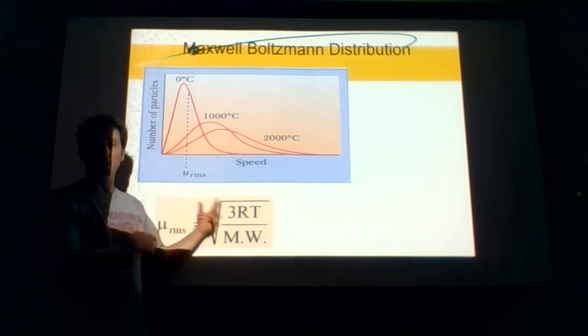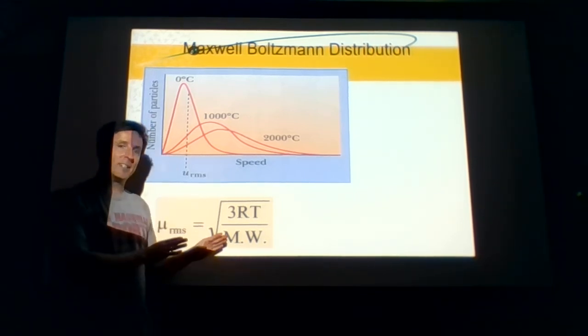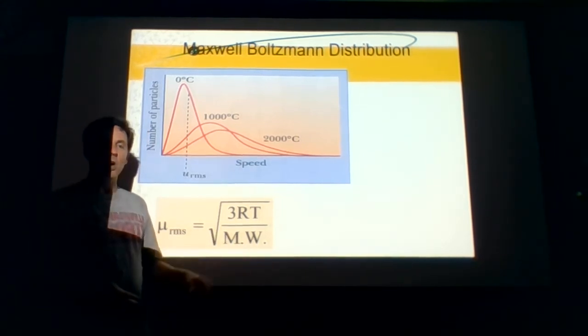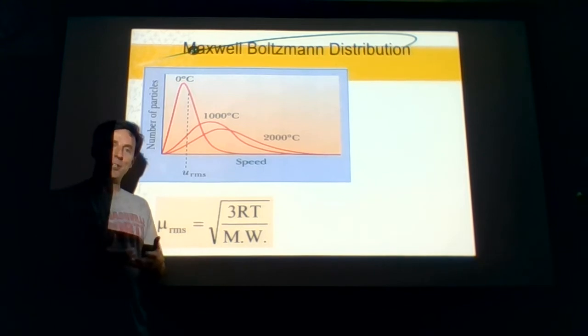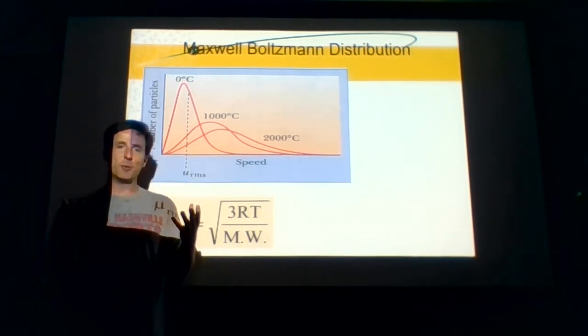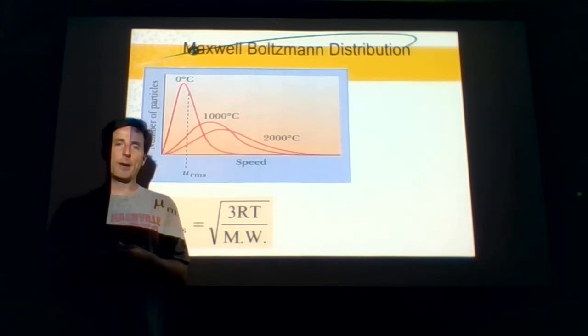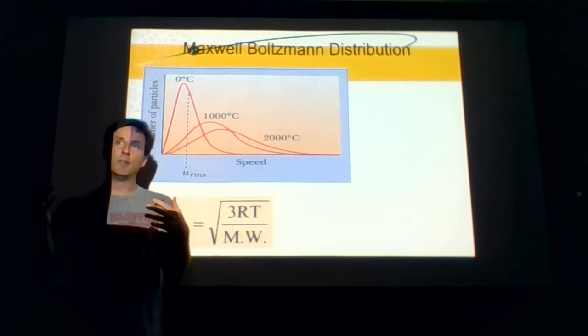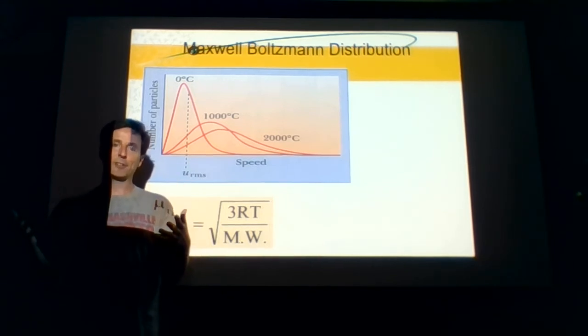It honestly doesn't come up a lot, but what we see here is that the molecular weight is in the bottom. So if at a certain temperature I want to compare two different gases in terms of how fast they're moving, let's say I want to compare oxygen and nitrogen in the air. Which molecules are moving faster?